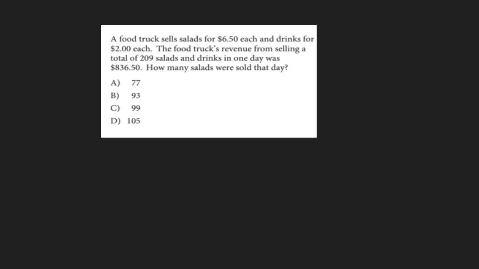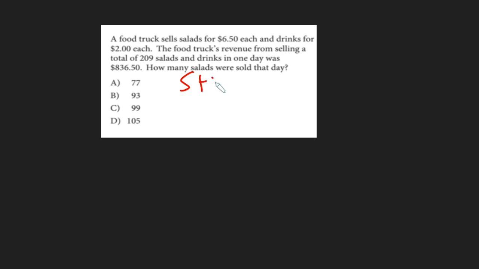A food truck sells salads for $6.50 each and drinks for $2 each. The food truck's revenue from selling a total of 209 salads and drinks in one day was $836.50. How many salads are sold that day? So salad is $6.50 each and drinks is $2 each.